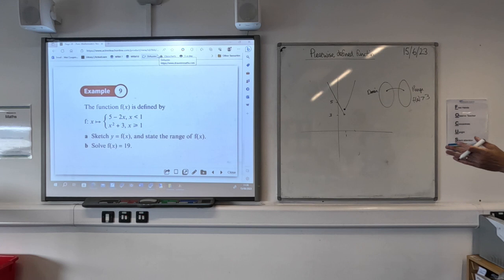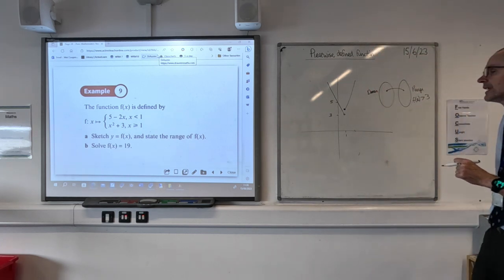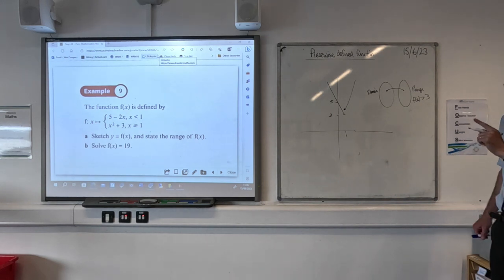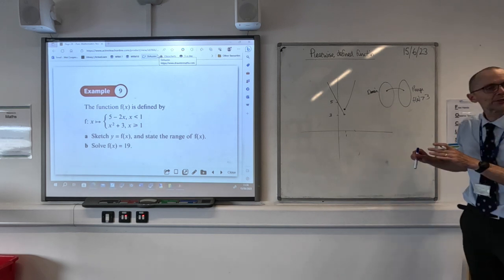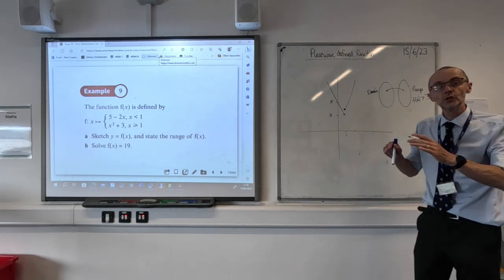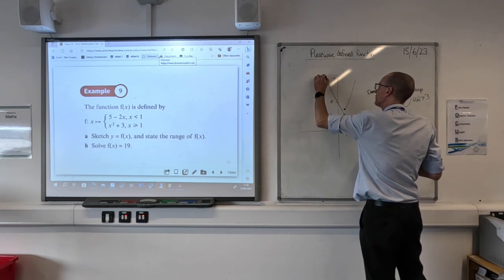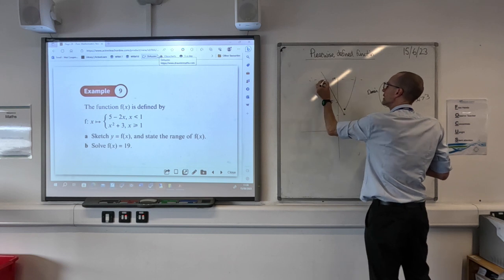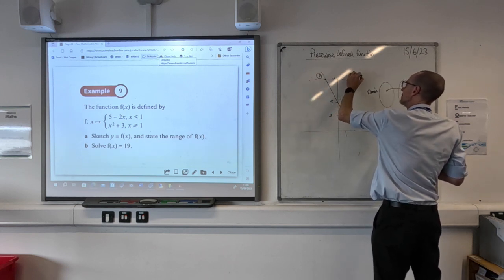And so the second part of that question, solve f of x equals 19, that's basically saying, when does y equal 19? And I can see from my graph that it's going to happen twice, isn't it? So, not to scale, this next bit, but if that's 19, there's a point there, and there's a point here.